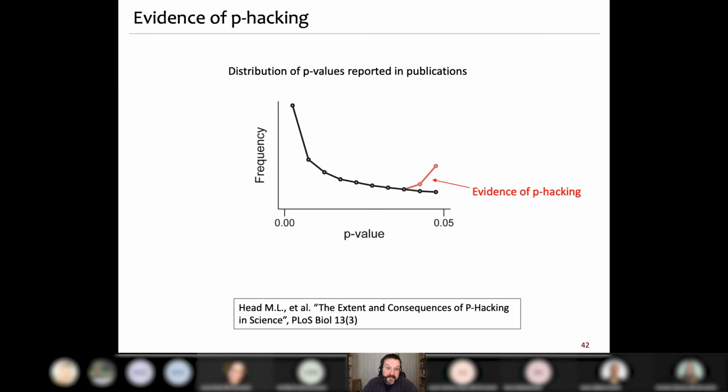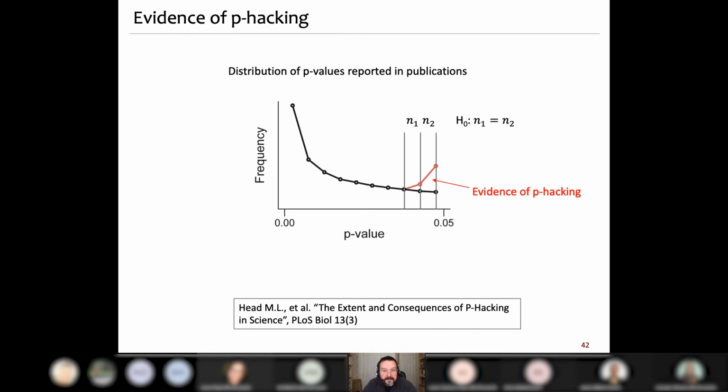There is evidence of p-hacking. This figure shows you how widespread p-hacking is. These people had earlier collected p-values from many publications and looked at their distribution. And there is an excess of published p-values with respect to a curve which we would expect if p-values were random and only positive, or significant, p-values were reported.